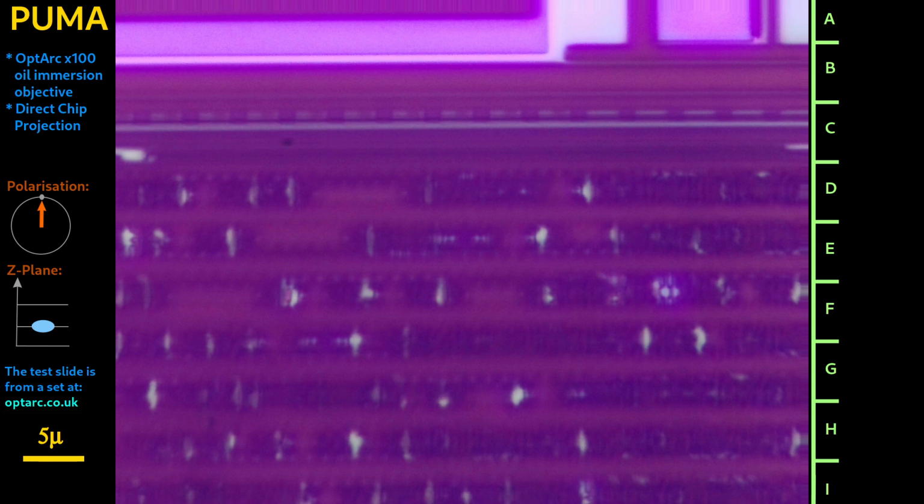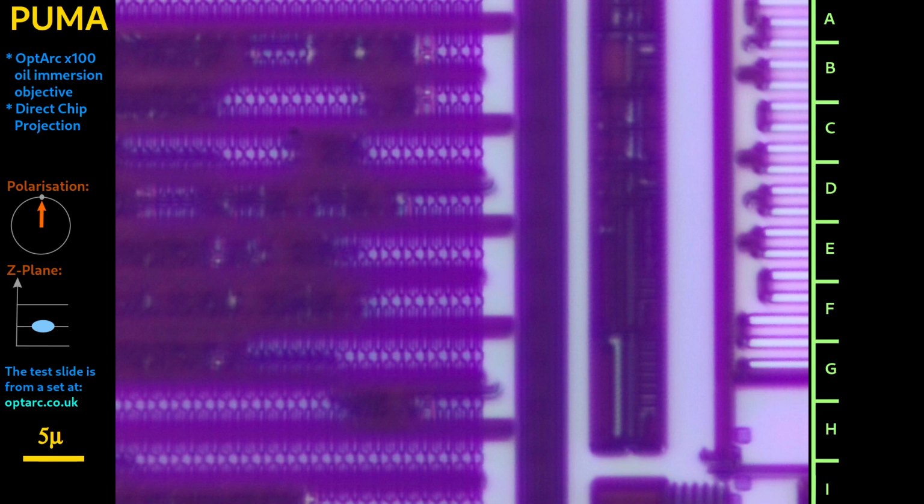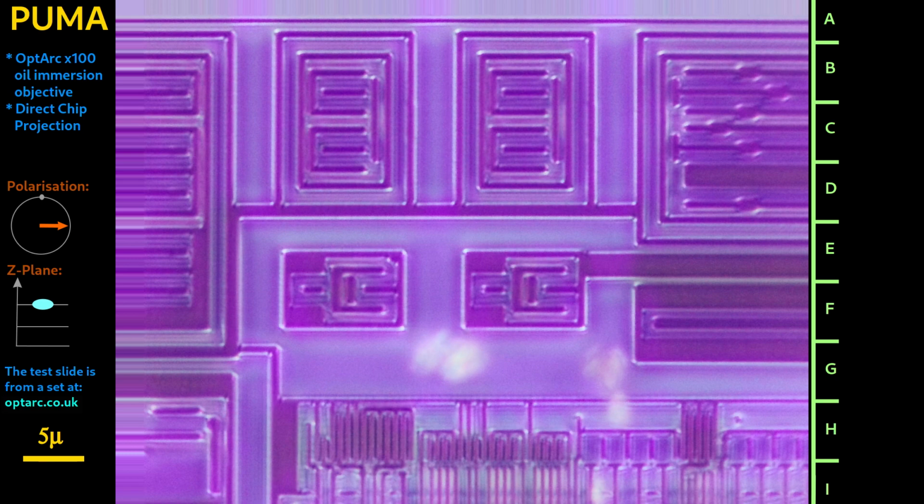Any microelectronics people watching this, please let me know in the comments. I'm amazed at the level of detail with which these prints have been made.